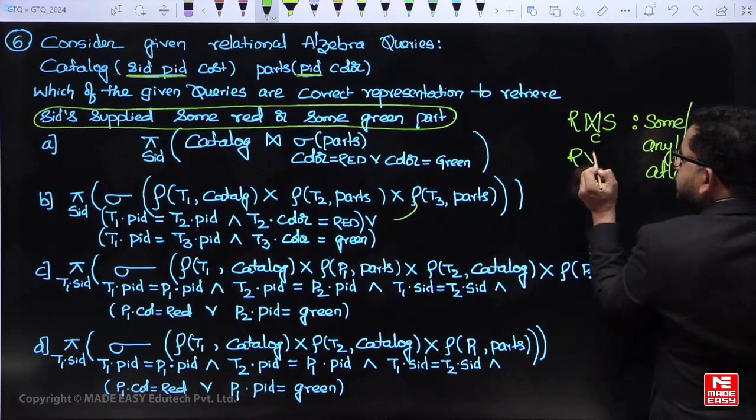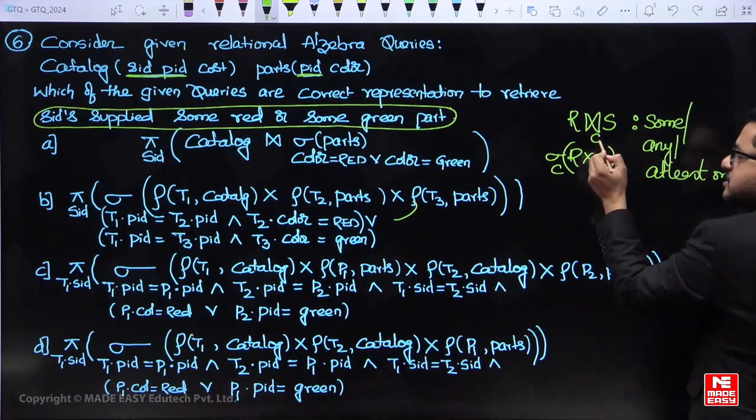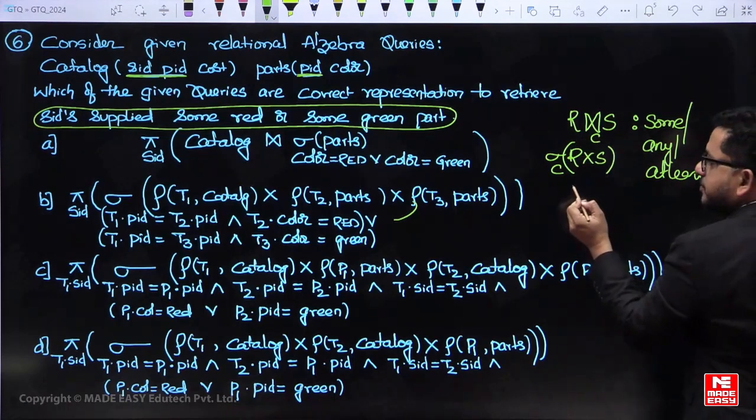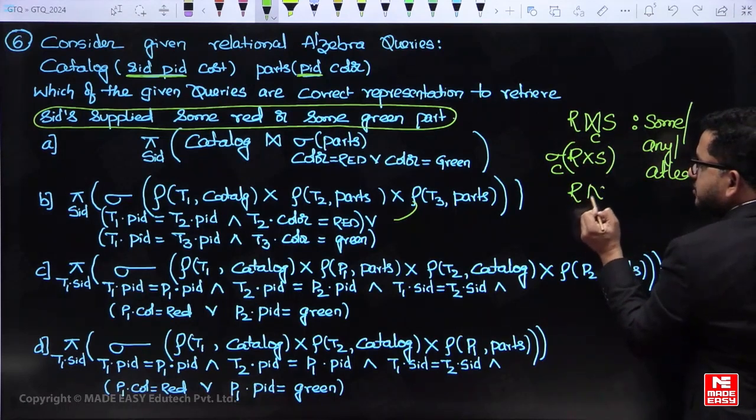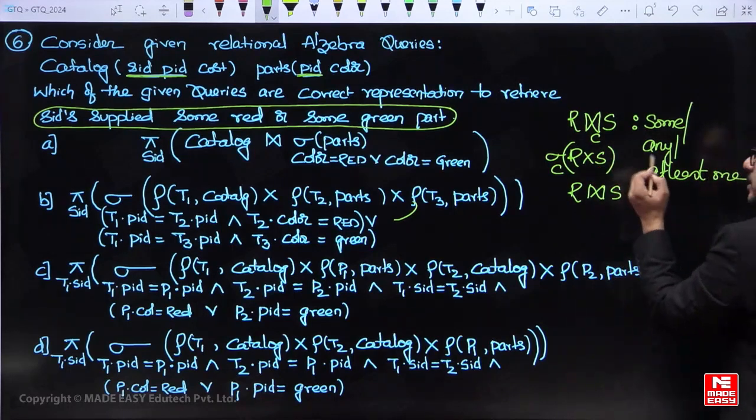We can also express it by using the cross product of two relations and applying this specific predicate condition. And if this condition is equality of a common attribute, then we can go for the natural join also.